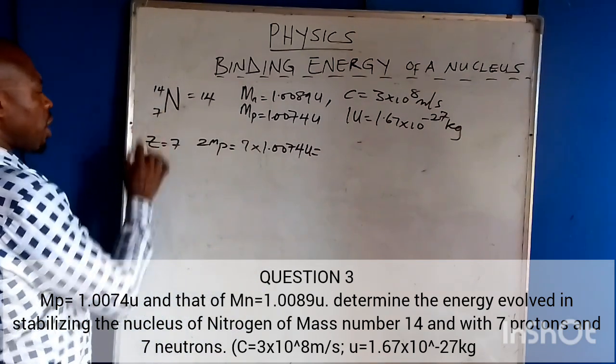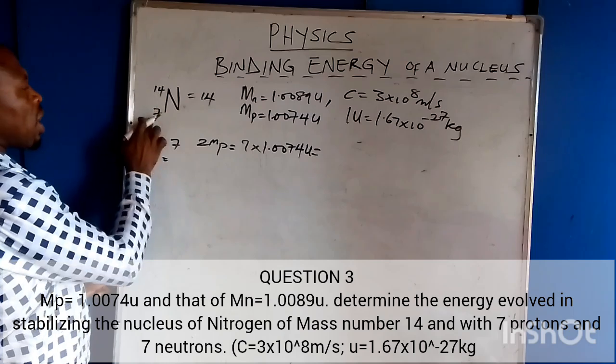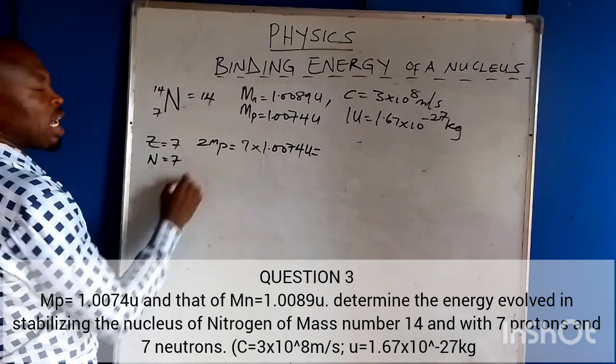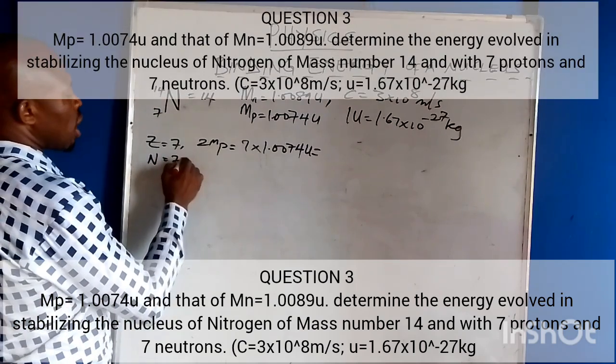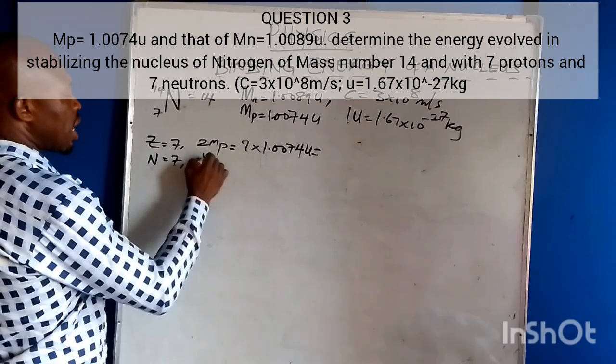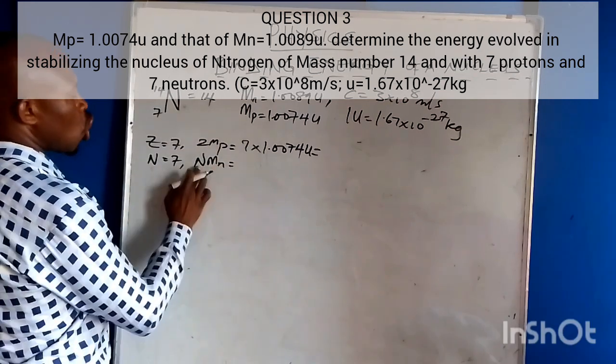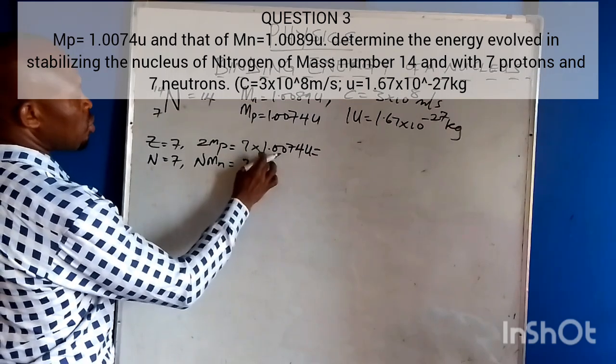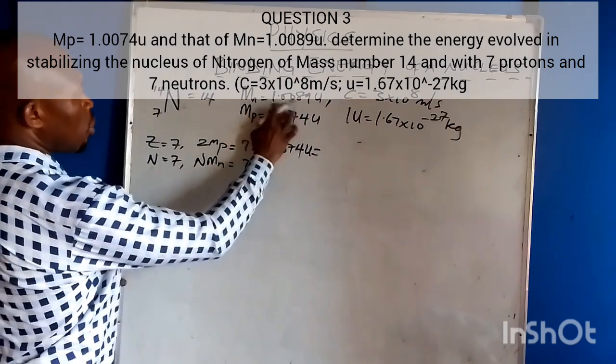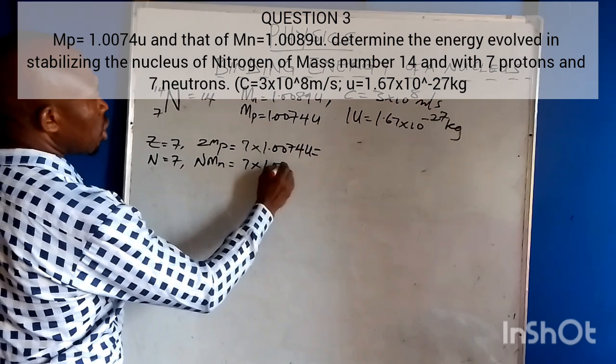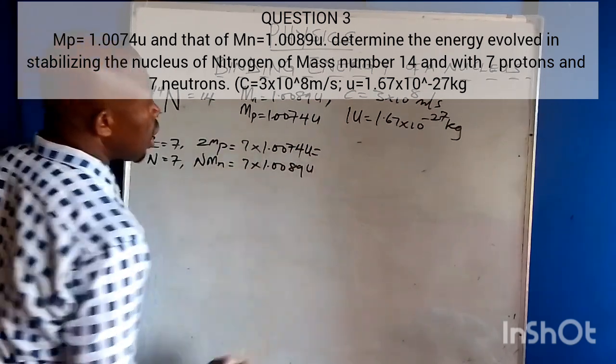Now from here, N, of course, 14 minus 7 is 7. So N times Mn will give us number of neutrons, 7, times mass of neutron, please, 1.0089 U.